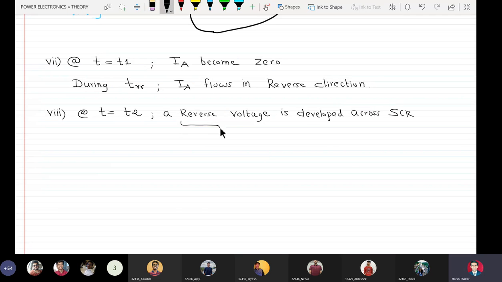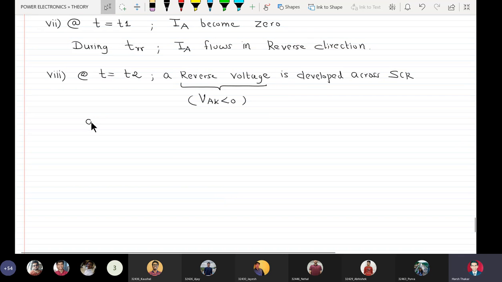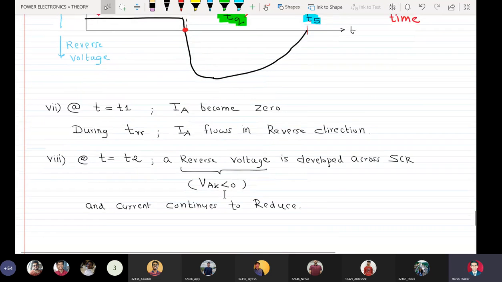So when I say reverse voltage, VAK falls below 0, and current continues to reduce.